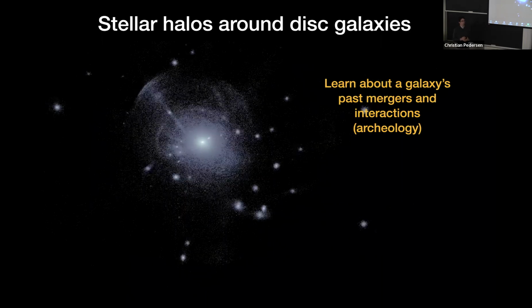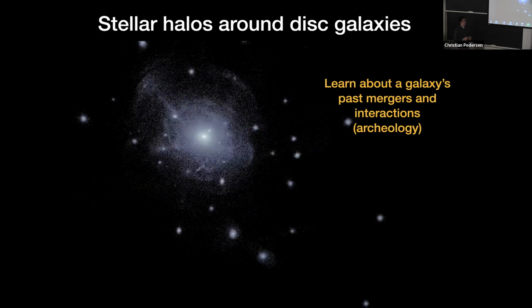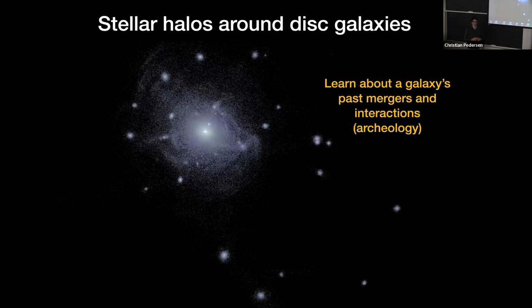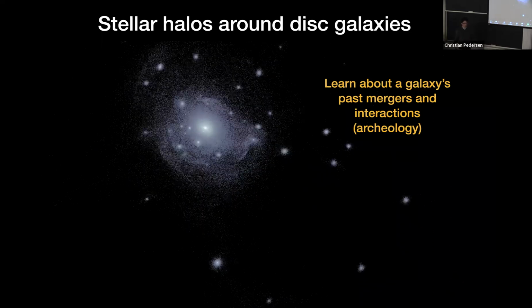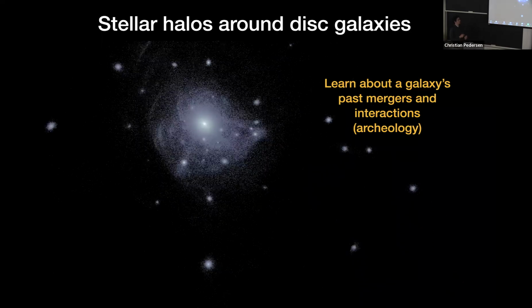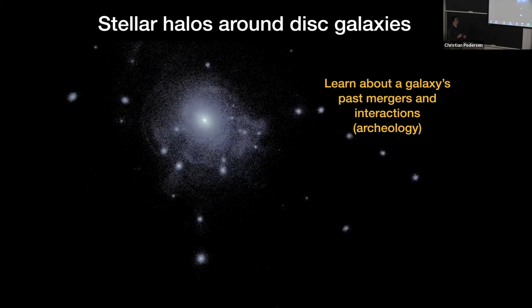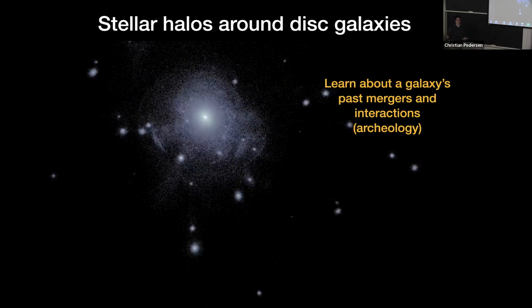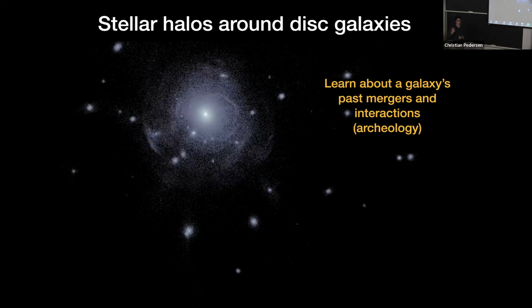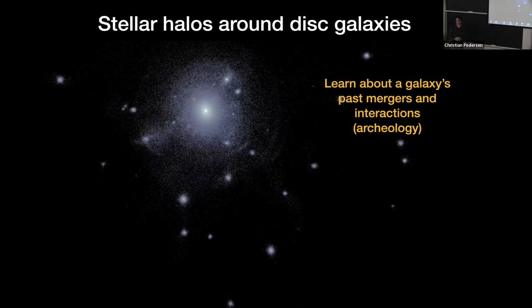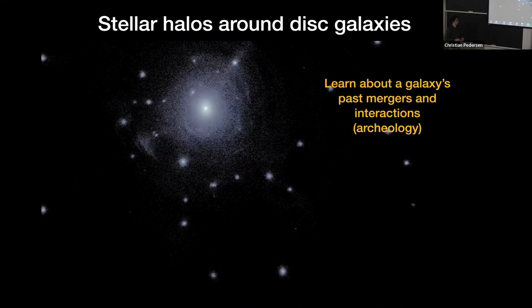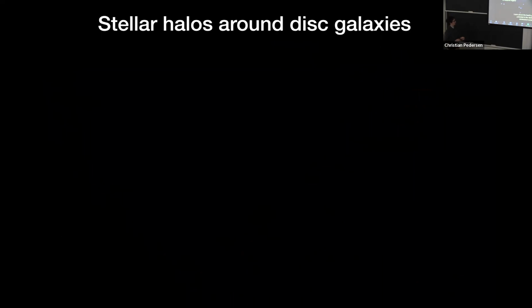And I will come really quickly into why it's so difficult to actually see it, and that's because it's so big and diffuse. But just quickly for now, the idea is that if you could observe it, you can hope to learn about all these past interactions and the history of the galaxy. And I'm just going to skip this now.